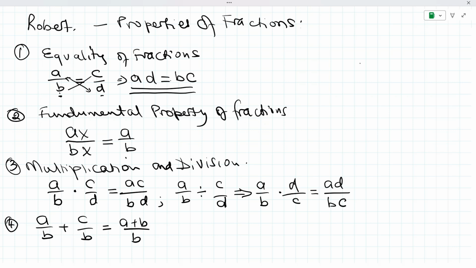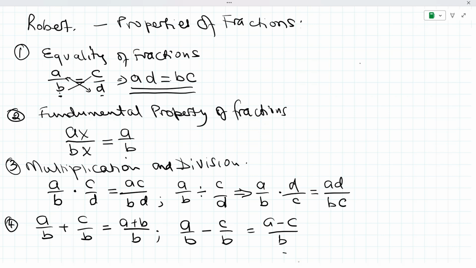Now, addition is the reverse of subtraction and subtraction is the reverse of addition. So if we are given A divided by B as the first fraction and we are told minus C over B, then the answer to this will be A minus C over B, as we agreed earlier on.